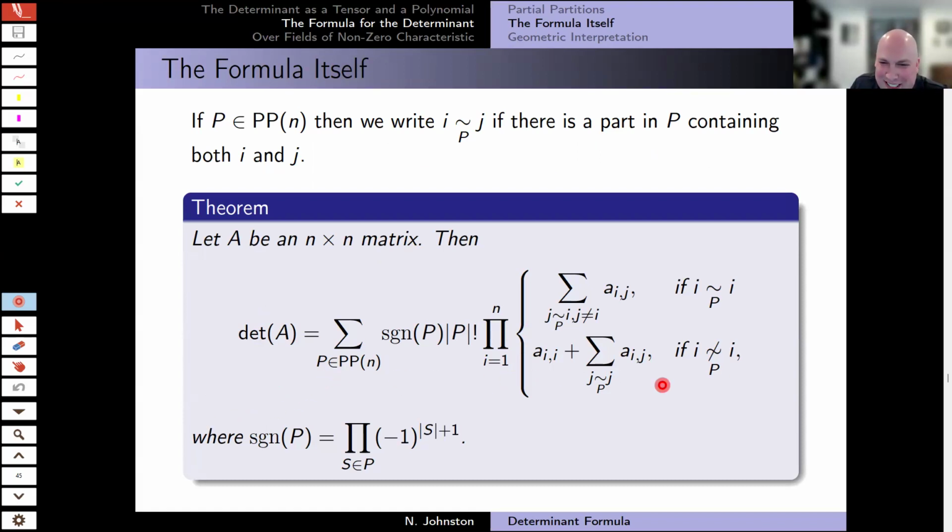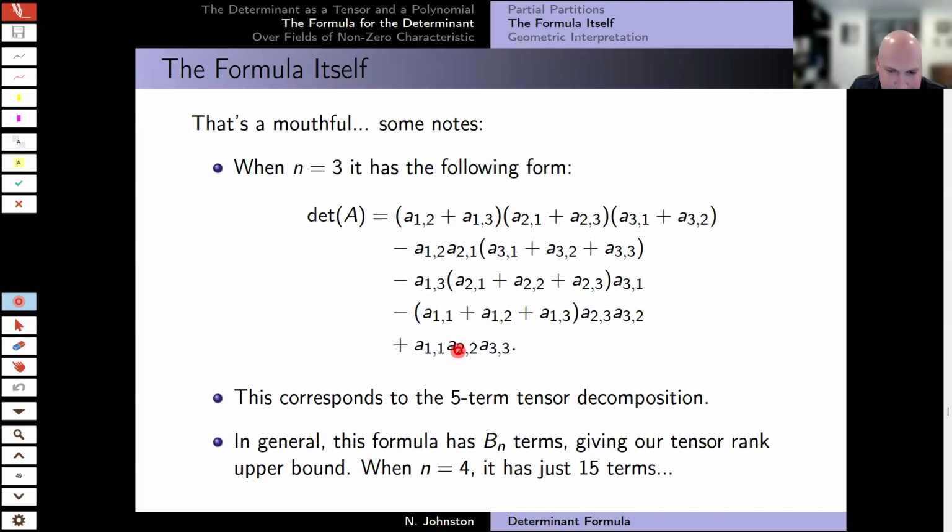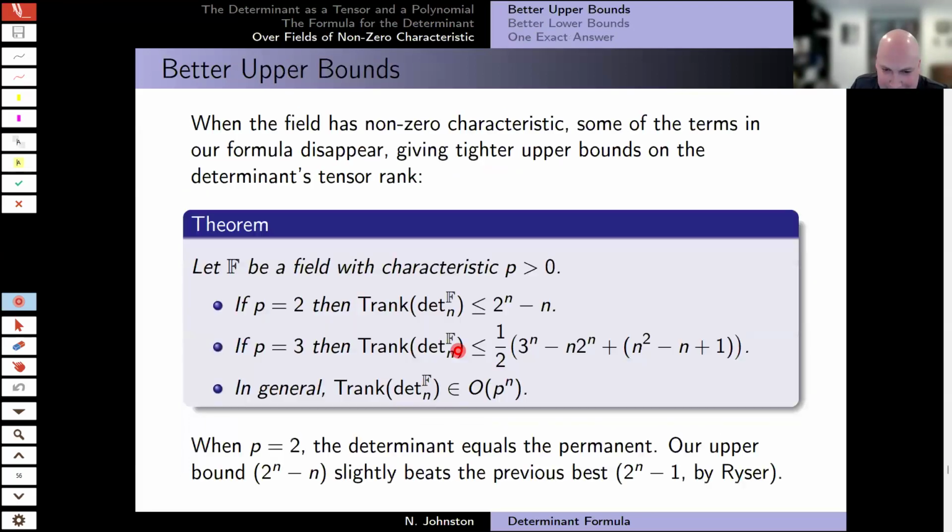If it's characteristic p, then a whole bunch of terms here are going to be 0. I believe it's... ask me about that at the end. Okay, but it's the same formula. It's just a whole bunch of terms end up being 0, and I apologize, I'm having a bit of a brain fart on that.